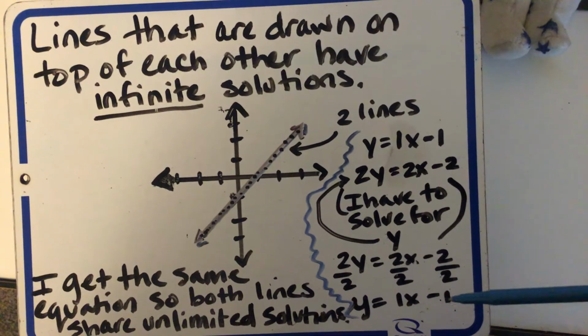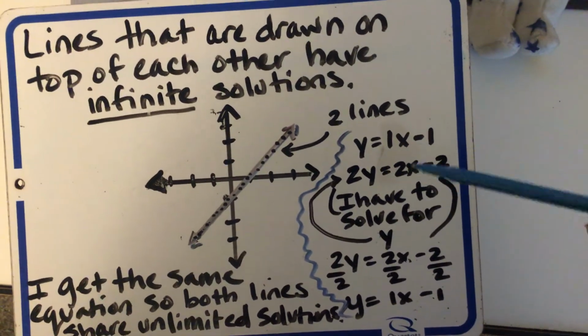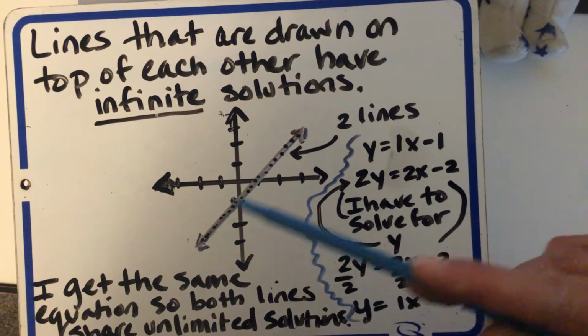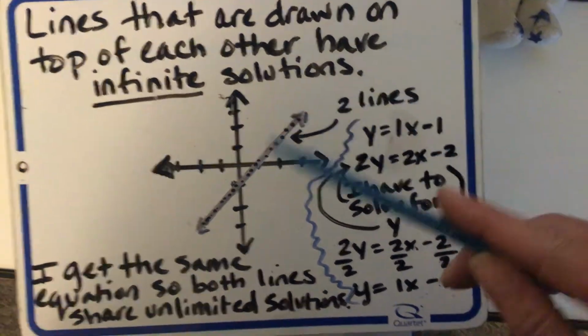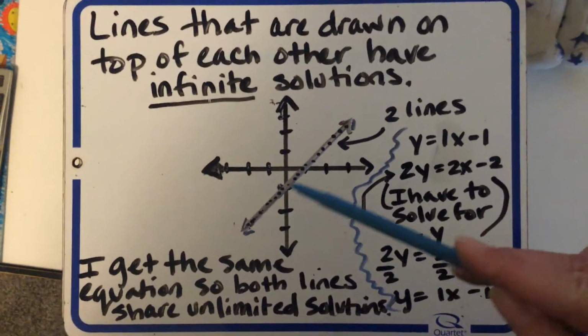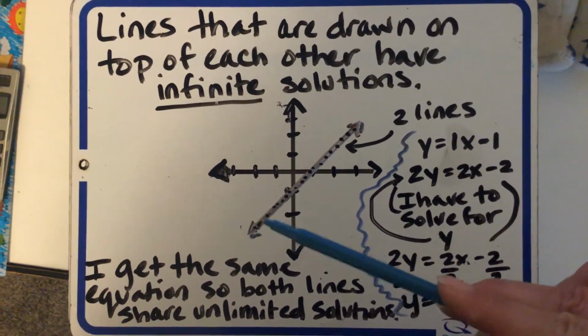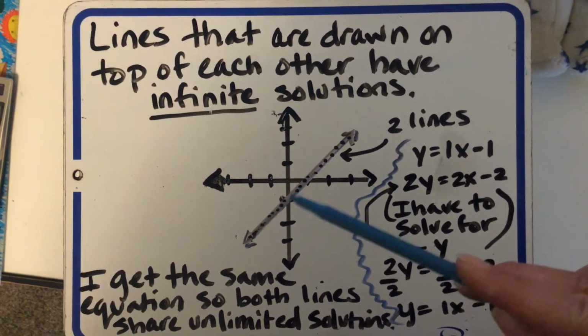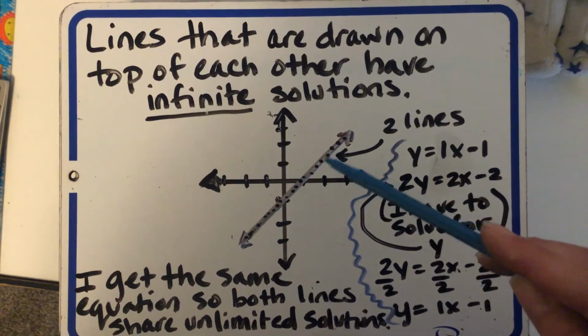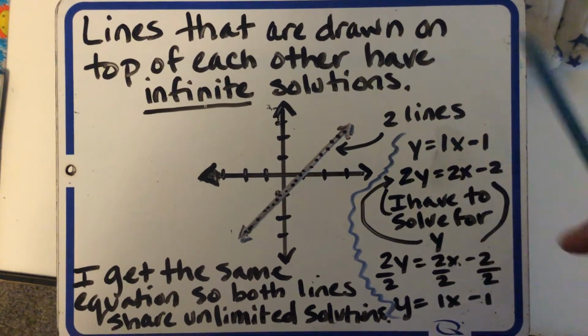And then you see I would get y equals 1x minus 1. So actually these two equations would give me the same graph. So if the two lines are lying on top of each other, that means they're crossing all of these solutions. All of these points on those lines are actually solutions to both equations.